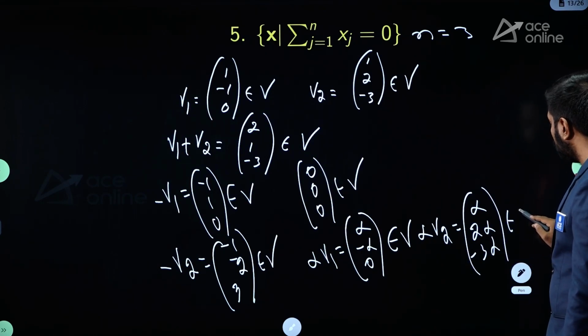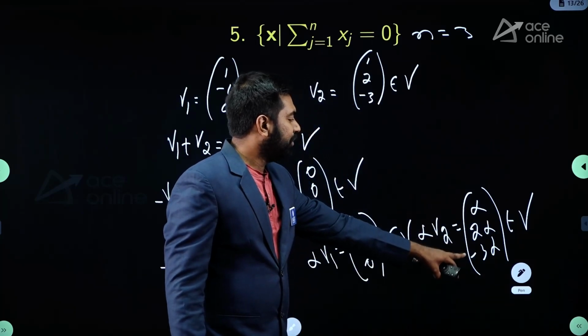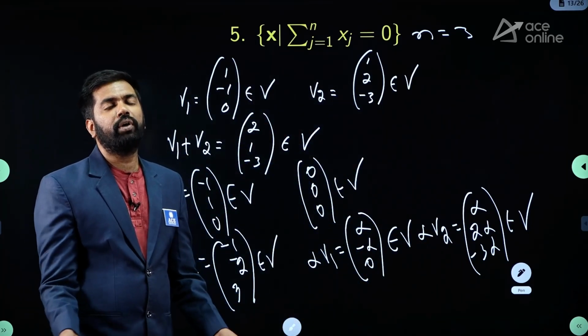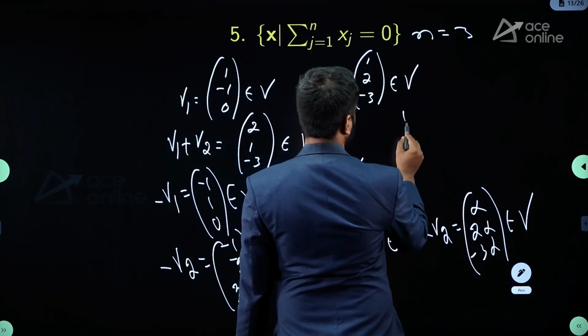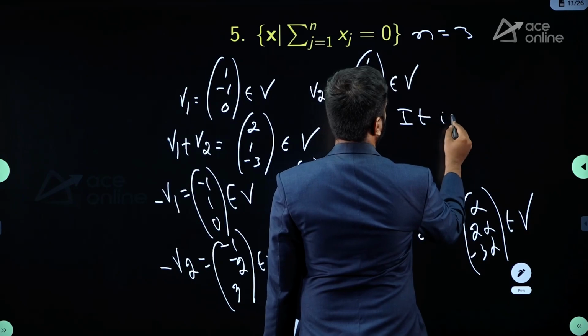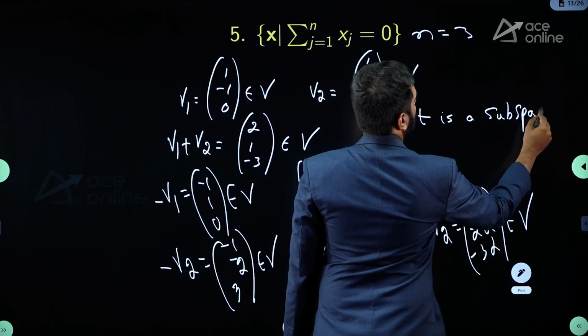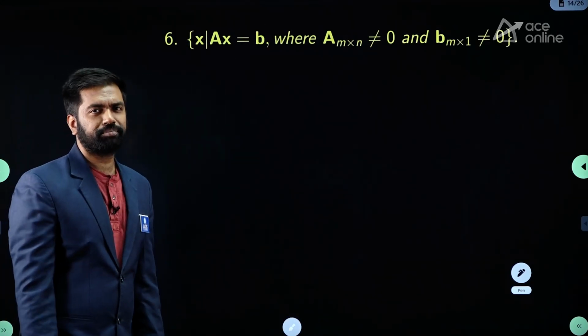Yes, it is also part of V. Add it. Alpha plus 2 alpha is 3 alpha, 3 alpha plus minus 3 alpha is 0. It has satisfied all the properties, hence it is a subspace. So far the things look very simple.